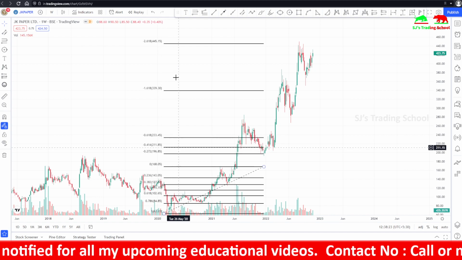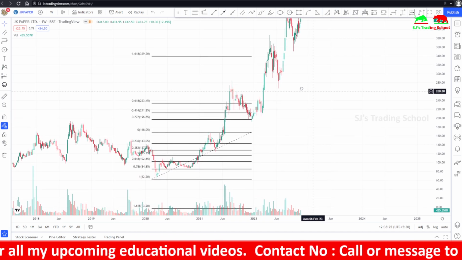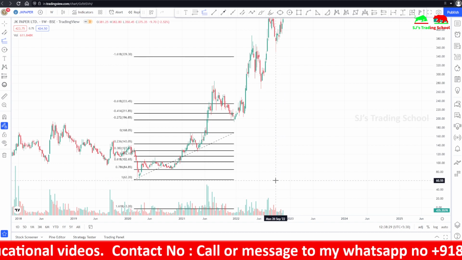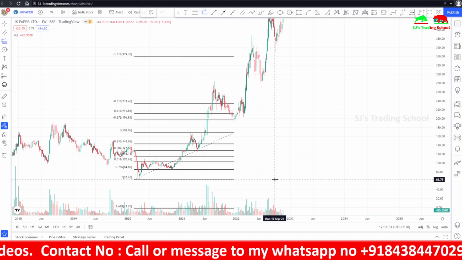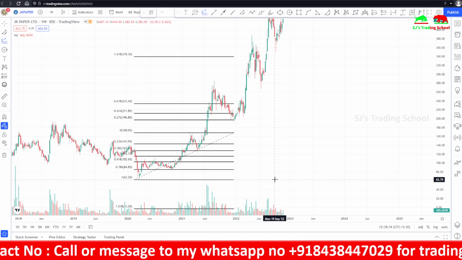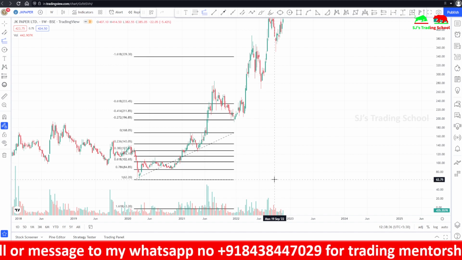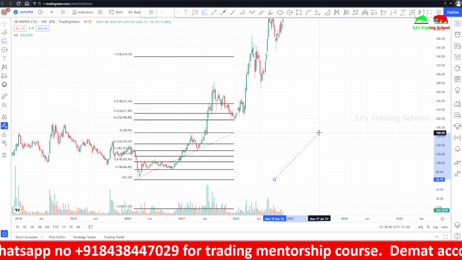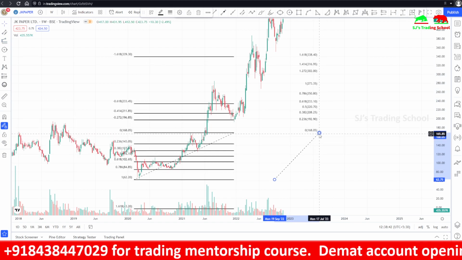These are the values which I personally customized. How I used it, simply I took the extension level. Extension levels are used to see where the price will go after retracement. It is basically used for keeping targets. So I simply compared it with the extension.